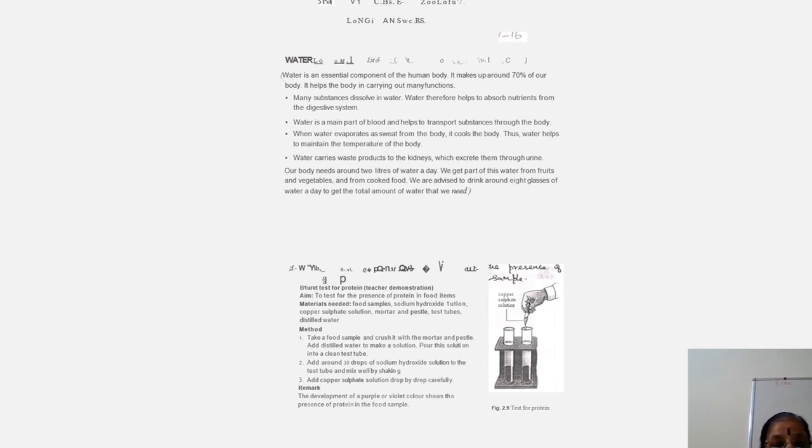When water evaporates, I'll read and you look, as sweat from the body, it cools the body. Thus, water helps to maintain the temperature of the body. Then water carries waste products to the kidneys, which excrete them through urine.